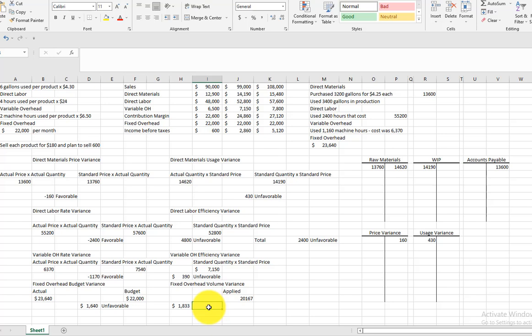All right, but we applied less than we planned because we made 550 instead of 600 that we planned. That's the only reason. So that's due to making and selling 550 instead of 600. So you tell me if that was favorable or unfavorable. I don't know, but it does make that difference.